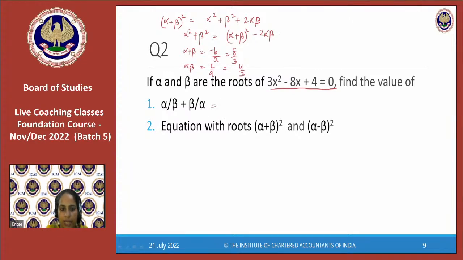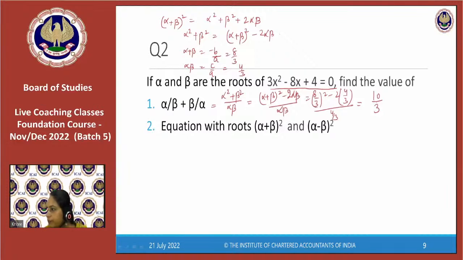So here I need alpha by beta plus beta by alpha, which is same as alpha square plus beta square by alpha beta, taking the LCM, which is same as alpha plus beta whole square minus 2 alpha beta upon alpha beta. On substituting the values, 8 by 3 whole square minus 2 into 4 by 3 whole divided by 4 by 3, this gives you the answer as 10 by 3.